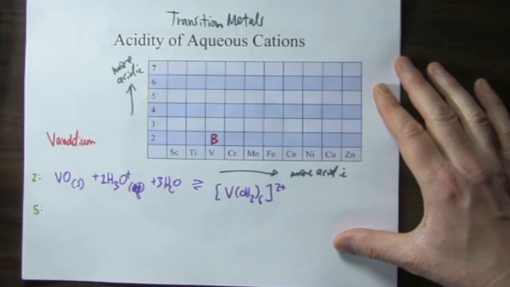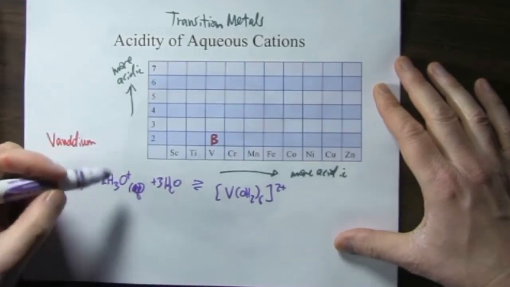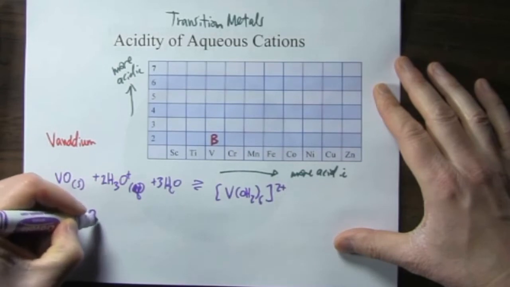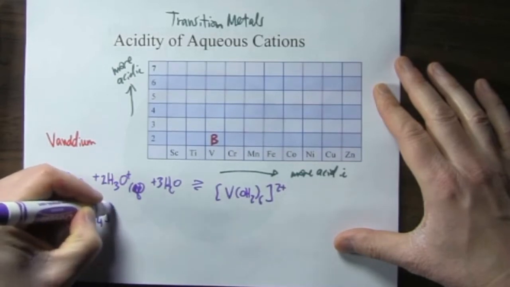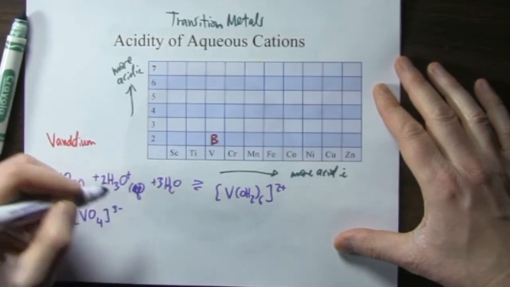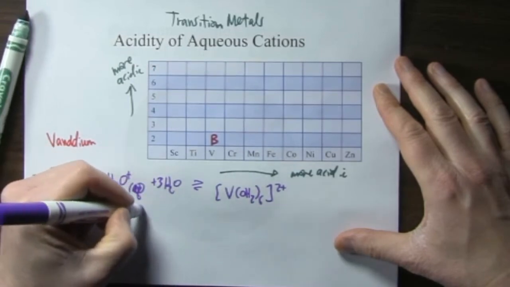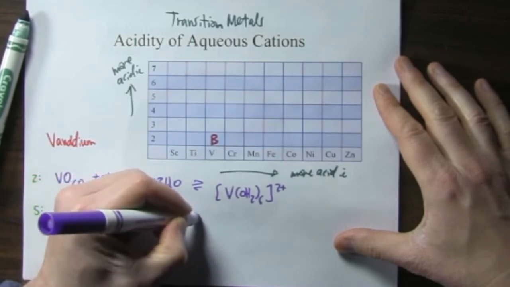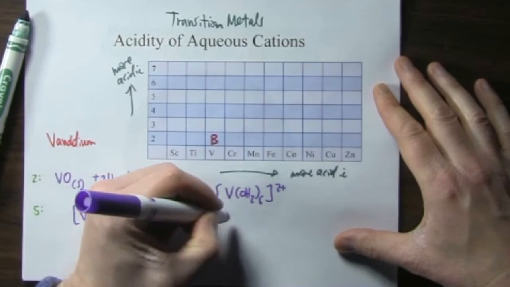You have the vanadium oxide in aqueous solution when it's basic. And this is colorless.